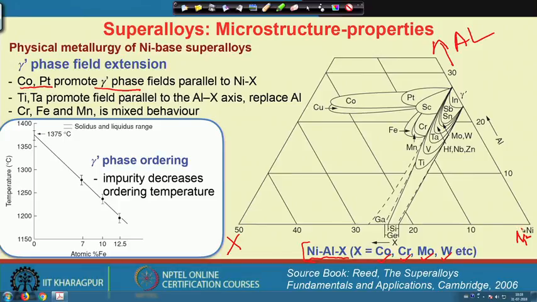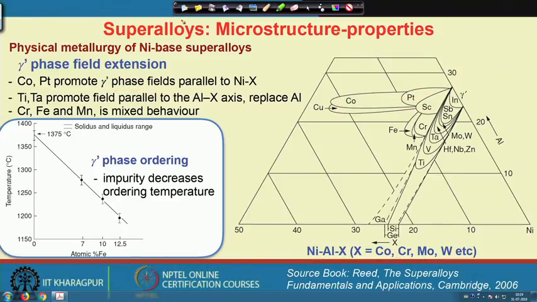If we go from this side to this side, then basically nickel atoms are replaced by X, there is no doubt about it. So, for cobalt and platinum, the phase field of the gamma prime phase sits at Ni3Al, which is around 25% aluminum, if you look at the atom ratio. From here it extends in this direction.